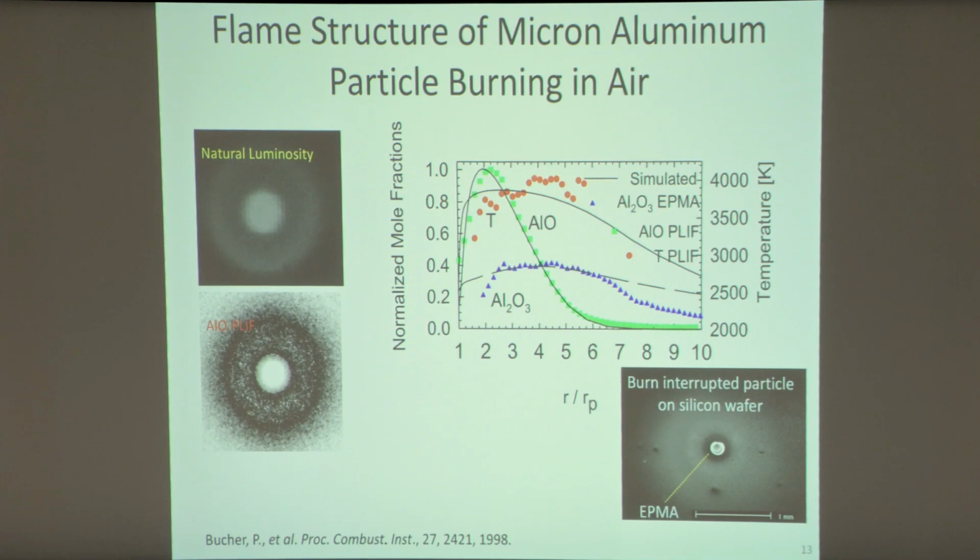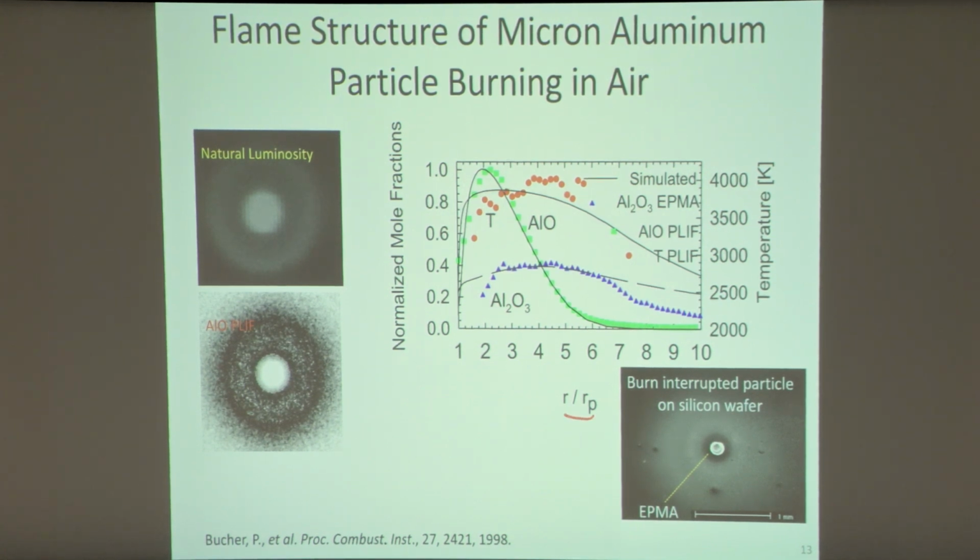And so what we had to do was widen the pump beam so that the entire particle was burning inside it, and we had to assume spherical symmetry and do Abel inversion, an onion peeling inversion technique to get the radial profiles.